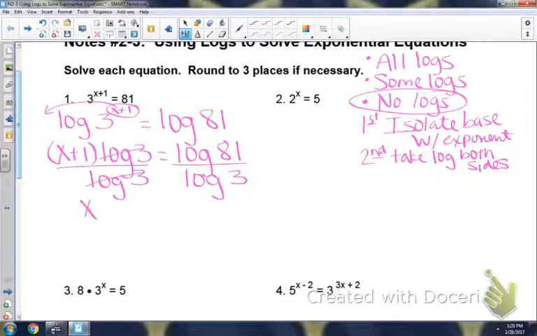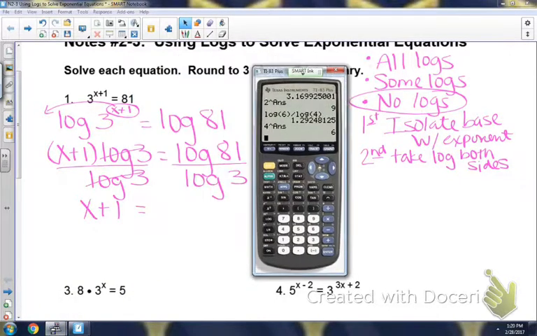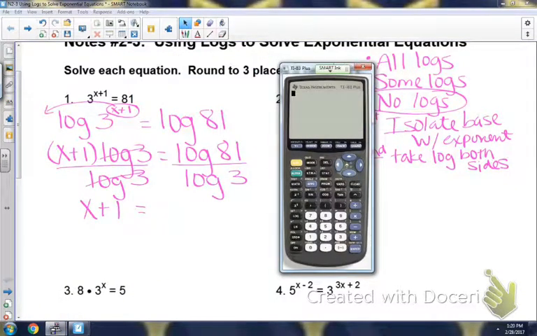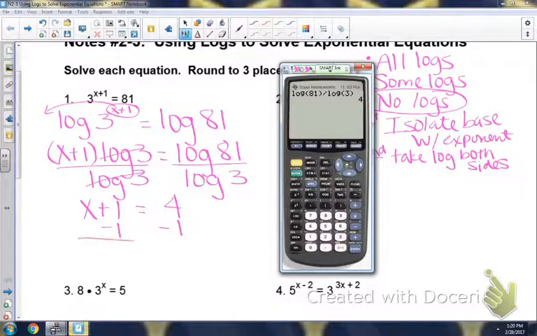So I'm left with x plus 1. And let's type these in. These are common logs, so we can use the calculator here. So log of 81 divided by log of 3. And we get 4. Okay? So then from here to solve for x, we're going to subtract 1.